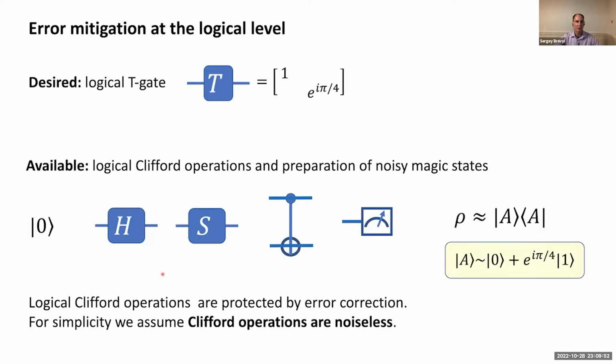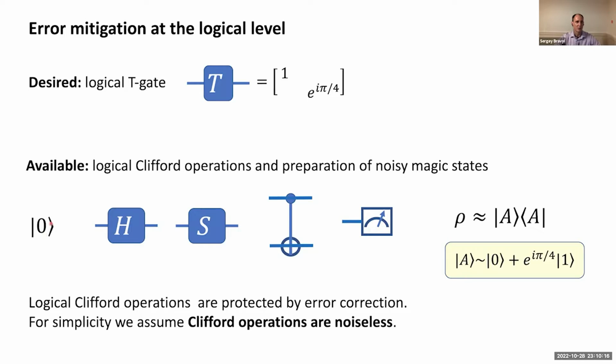And now let's apply this to logical operations encoded by some stabilizer type quantum code, say the surface code. And now all operations are defined at the logical level. And our desired operation is logical T gate, and available operations are shown here.